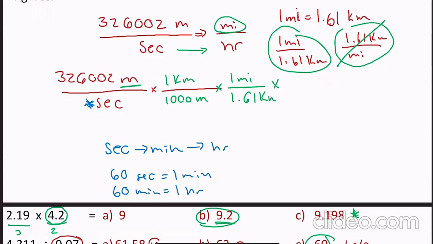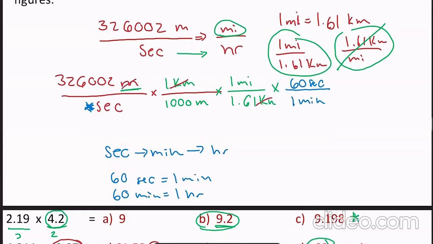According to my definition here, in order to get rid of this in the denominator, I need seconds in the numerator. 60 seconds for every minute. And let me cancel these units out. So this cancels out this. These meters cancel out these meters. These seconds cancel out these seconds. But I still need to cancel out minutes.